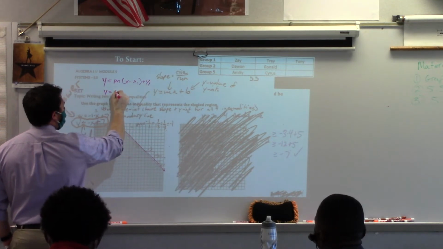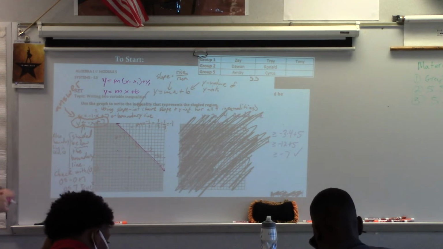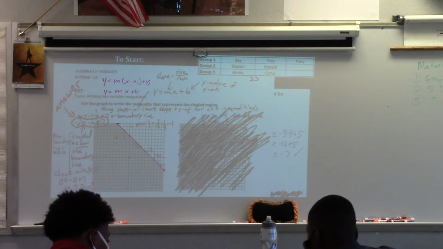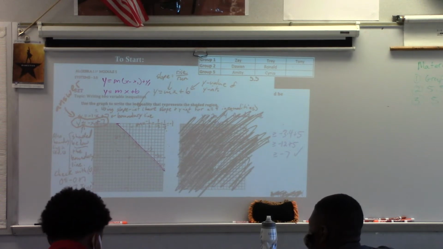But if you want to use slope-intercept, you need what 2 things? Remember, point-slope would be a point and a slope, right? What do you need for slope-intercept? Slope and which intercept? There are 2 intercepts that we can have.